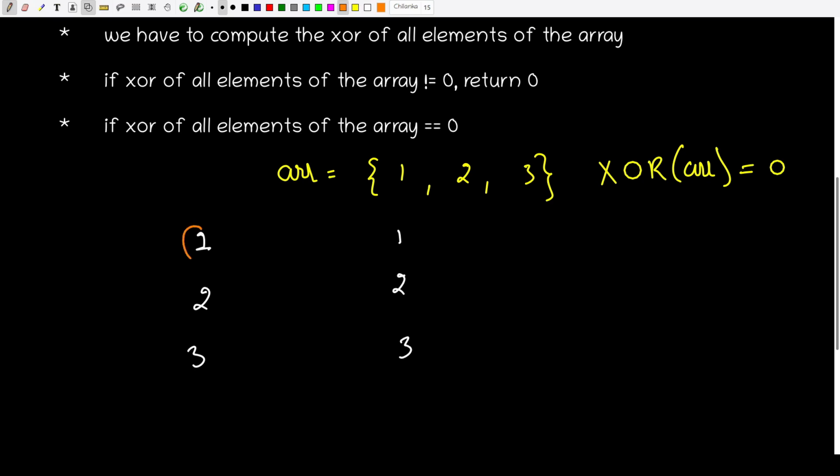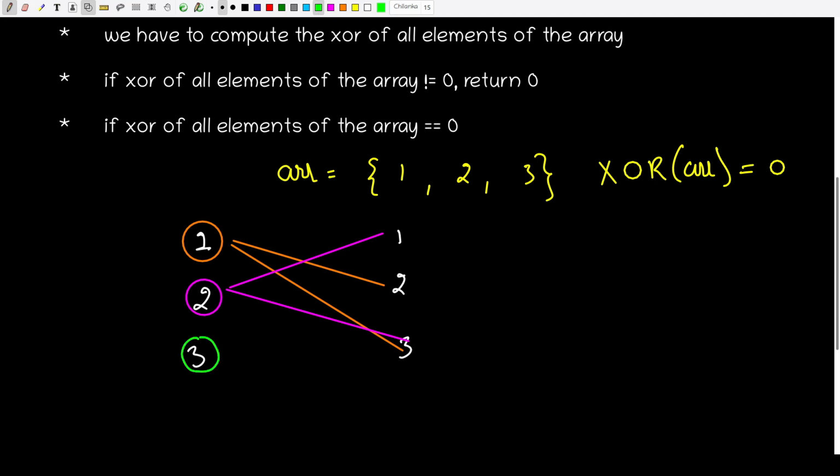Now if 1 has to form a group, it can form a group with 2 or with 3. Similarly, if 2 has to form a group, it can form a group with either 1 or 3. Similarly, if 3 has to form a group, then 3 can form a group with either 1 or 2.